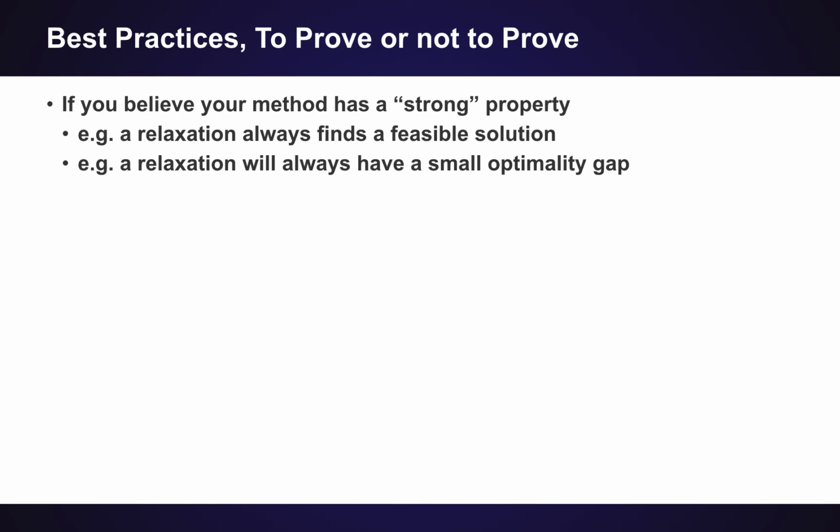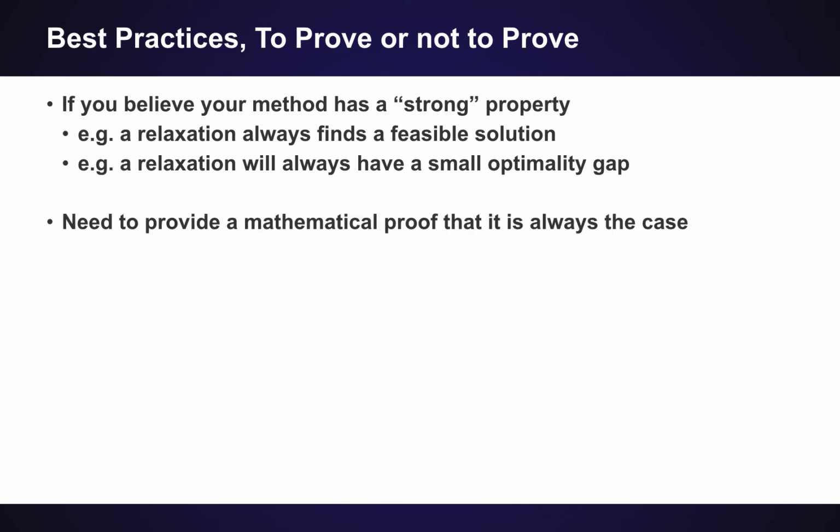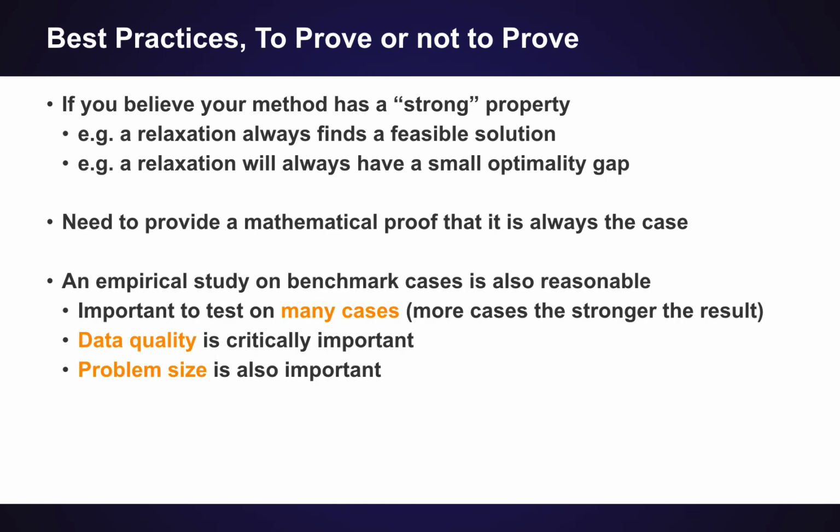For example, the relaxation will always find a feasible solution, or the relaxation will always have a very small optimality gap. You really need to quantify this either by developing a mathematical analytical proof that will bound this in the worst case or show that this always occurs, or by doing an empirical study where you benchmark on lots of cases.